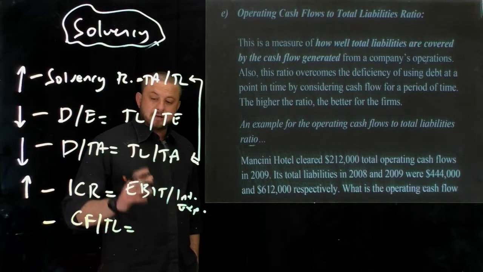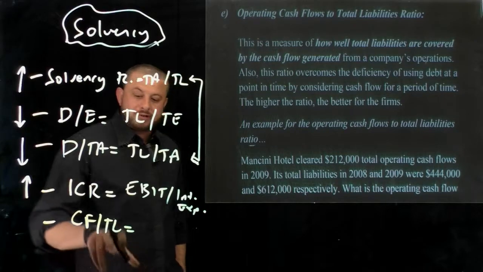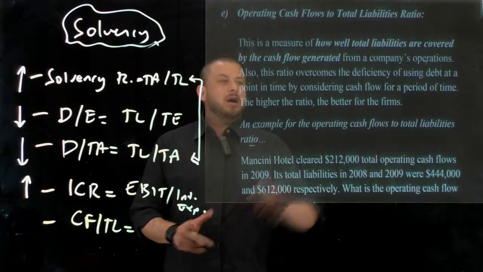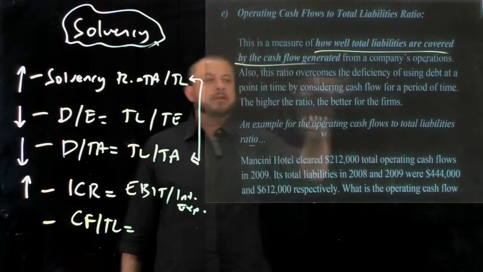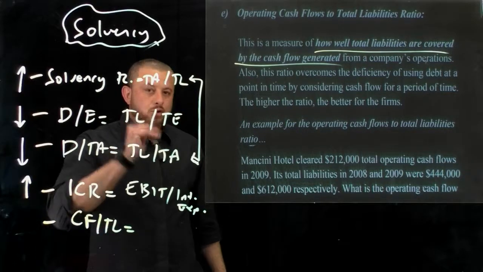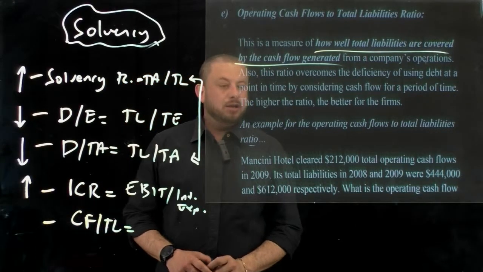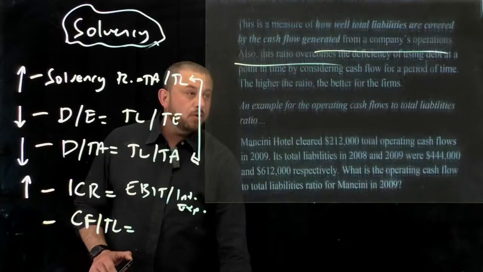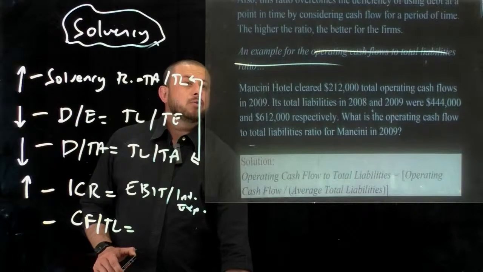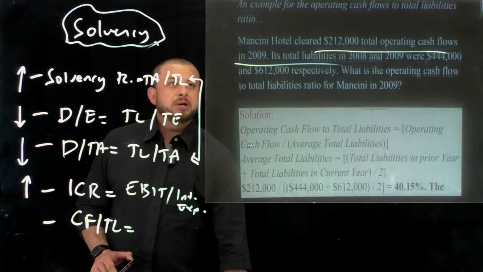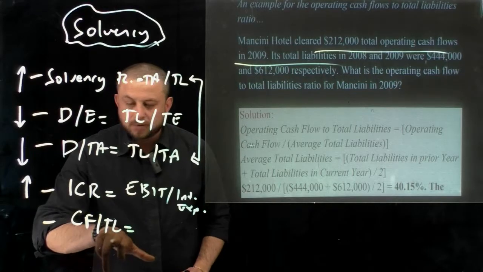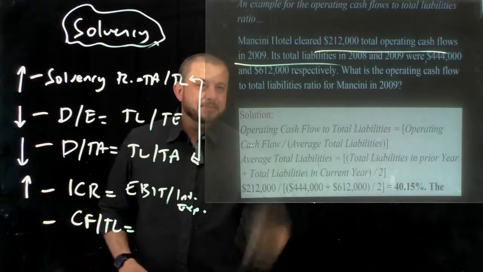So this time we have CF over TL. Again, this ratio shows how well total liabilities are covered by the cash flows. And then do you want this ratio higher or lower? What do you think? You want this ratio as high as possible because you want more cash flows to cover total liabilities in your debt situation.